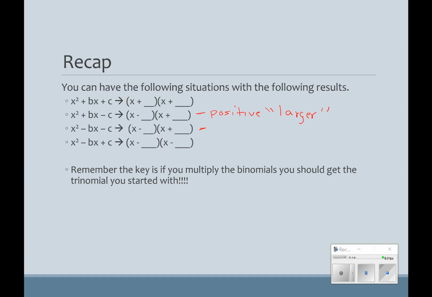Here, our negative is the larger. In the last situation, when C is positive and B is negative, it's going to be x minus something in both of those cases. Just remember, the key is that if you multiply them, you should get what you started with.